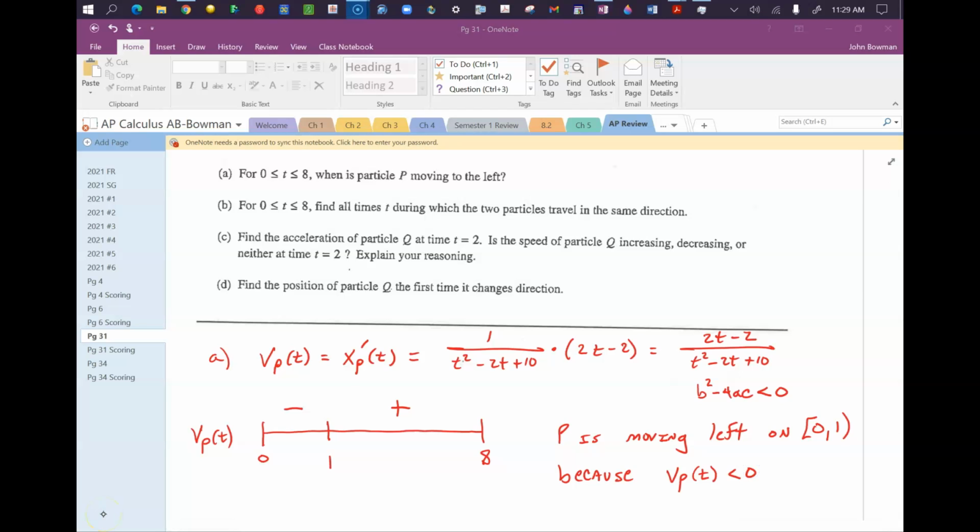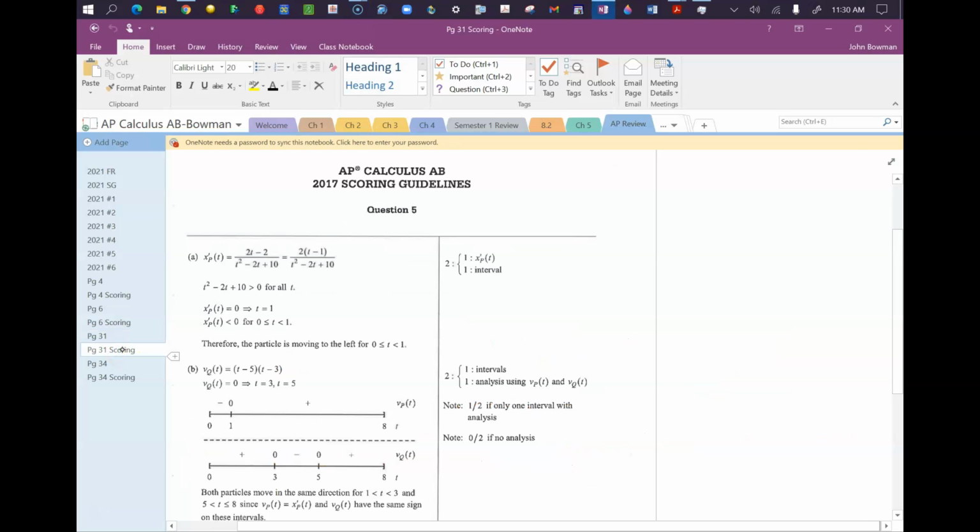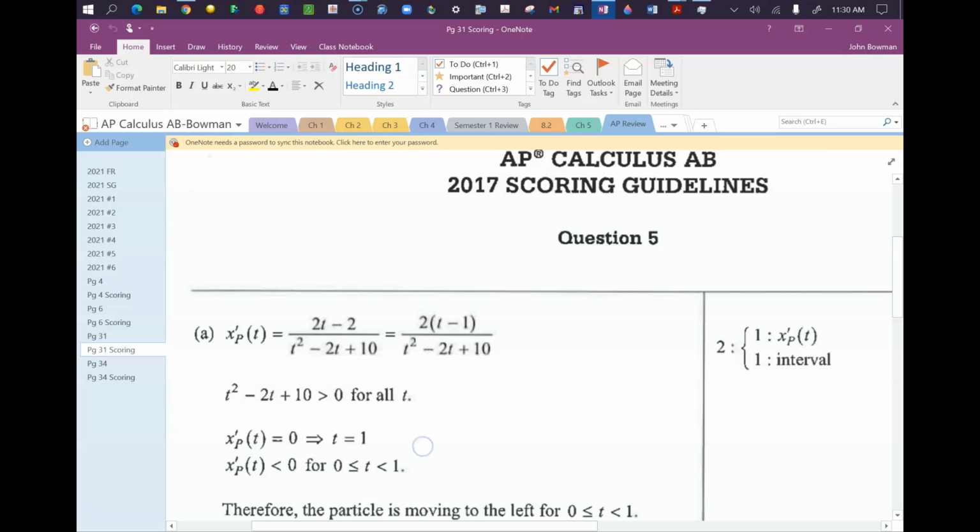You will notice that I included 0 in my interval, and the reason I did that is because if you plug 0 into the numerator, you get a negative number divided by a positive number, so the velocity of particle P is also negative at 0. I did not include 1 because the velocity is 0 at 1. In terms of the scoring, we get 1 point for finding the derivative and 1 point for the interval.